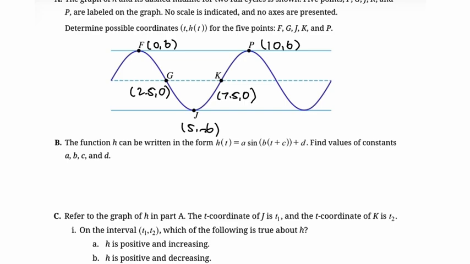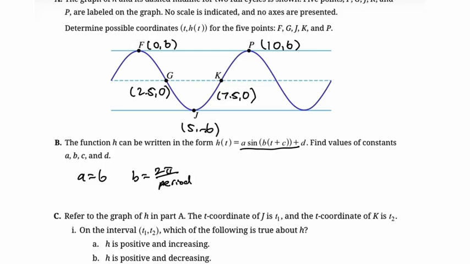For part B, we have to write function h in this form with the constants a, b, c, and d. The constant a is the amplitude of the sine wave. We can see from the graph that the amplitude will be 6. Next, we have to find b, which is how often the graph repeats, and b equals 2 pi over the period.